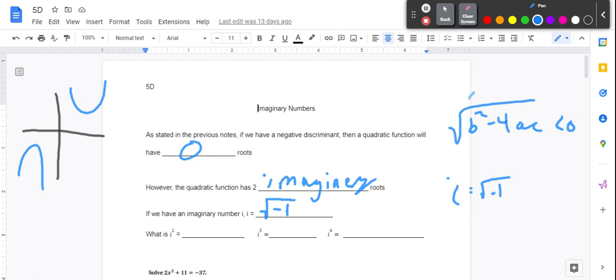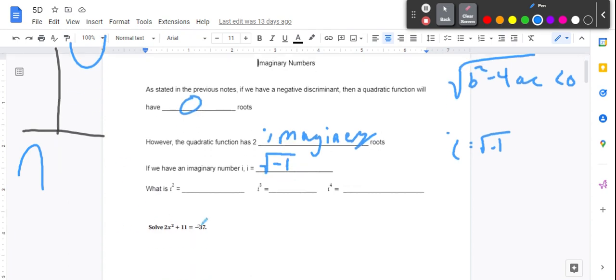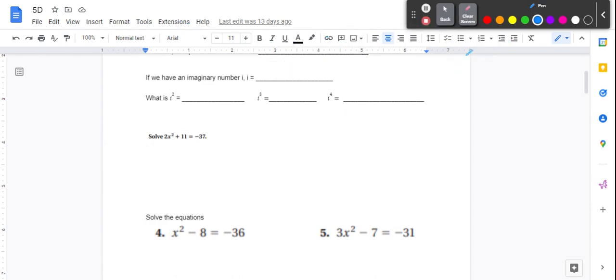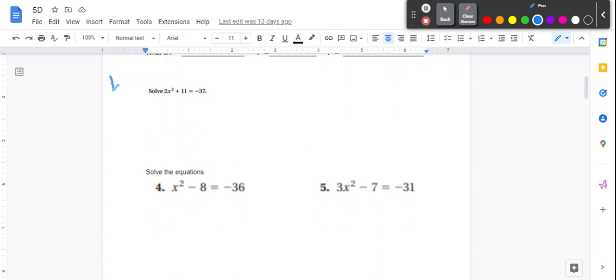All right, I'm going to show you how this applies, and I want to go to this problem right down here. Say we have this equation: 2x squared plus 11 equals -37. We have to solve this by getting x by itself.